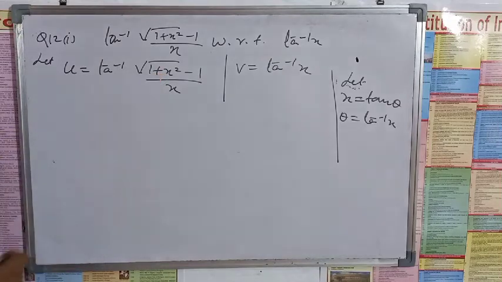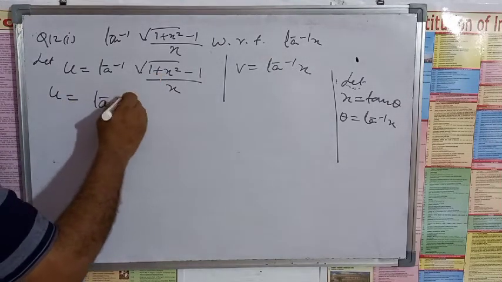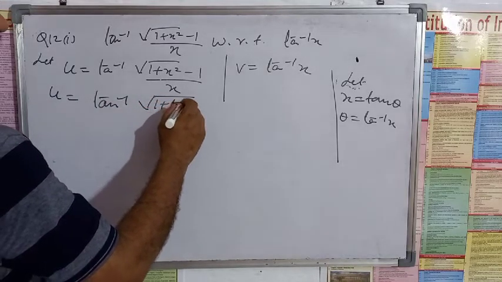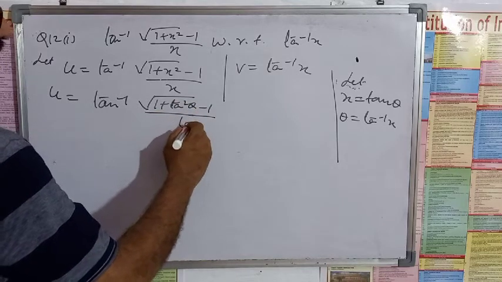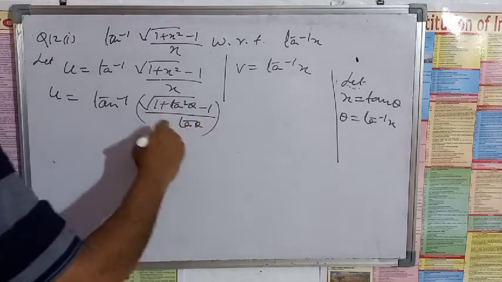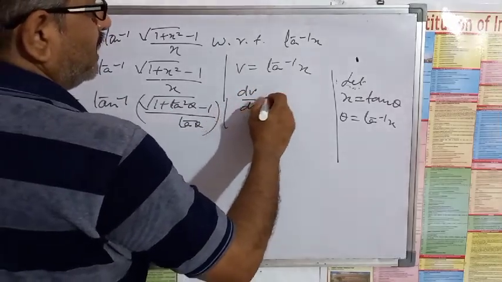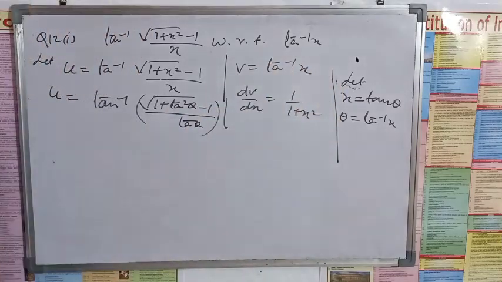Put here x is equal to tan theta, so we get root of 1 plus tan square theta minus 1 upon tan theta. And dv by dx we already found: the derivative of tan inverse x is 1 upon 1 plus x square.